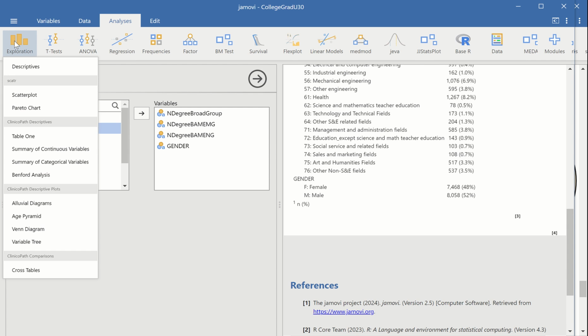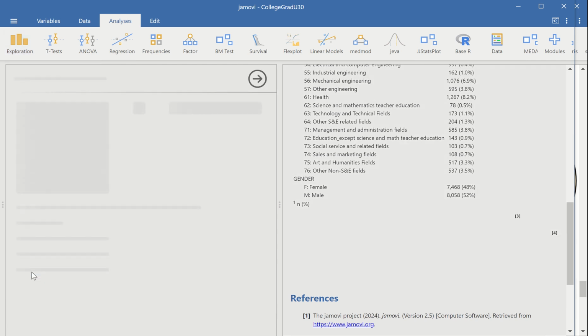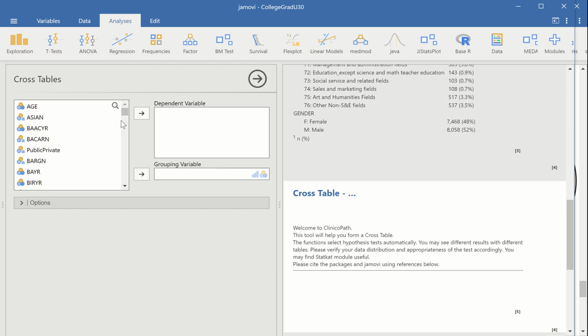Sort of the next thing we could think about doing is a cross-tabulation. So we might want to look at the LF stat that we're going to do over here, which is going to be our grouping variable, and that's whether people are employed or not.